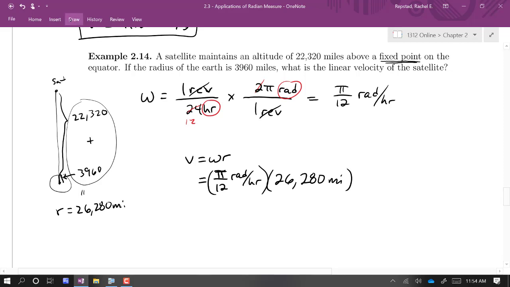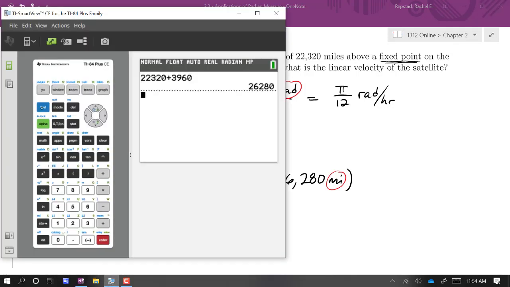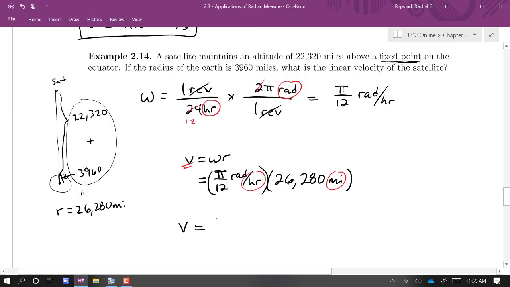Radians are dimensionless, so we will get, as a result, miles per hour, which makes sense for a linear velocity. Pi over 12 times 26,280 is 6,880.09 miles per hour.